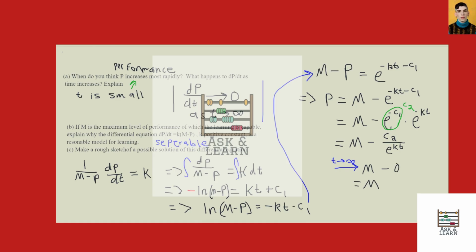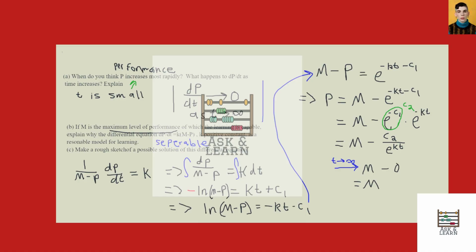So it first makes sense that this could be a model, because we would expect that as time were to go on forever, we should reach our maximal level of performance. And the other thing that I should be worried about when I'm looking at this is this value here will always be negative.